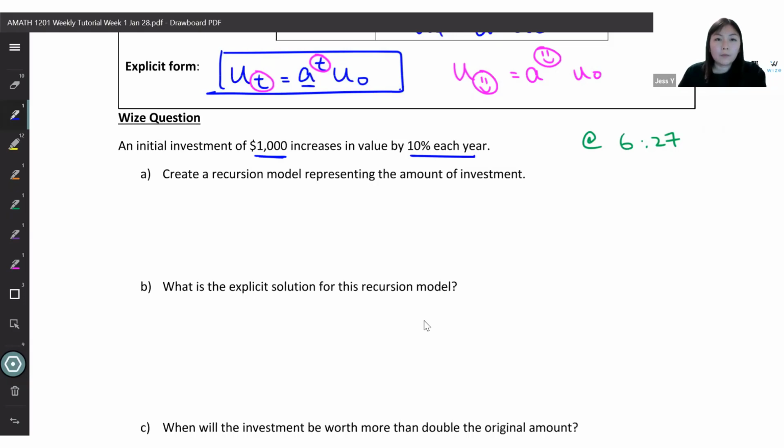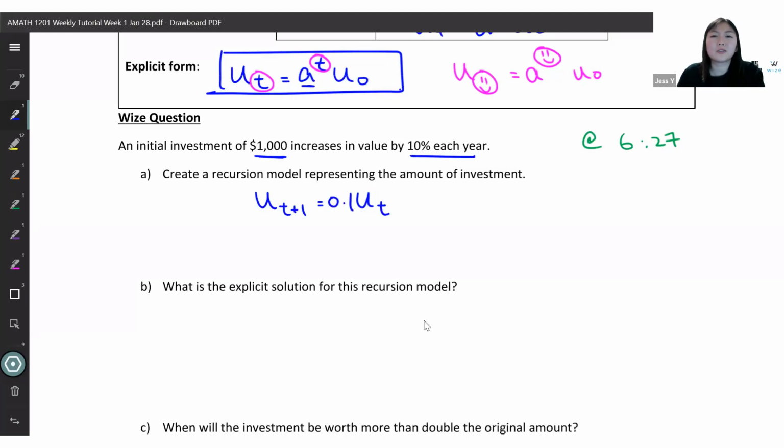So think to yourself, okay, if this year I have $1,000, what will I have next year? Well, it's going to increase by 10%. So if I wanted the amount in the next year, that's going to depend on how much money I have this year, and it's going to grow by 10%. Common mistake I see students make is they write 0.1.